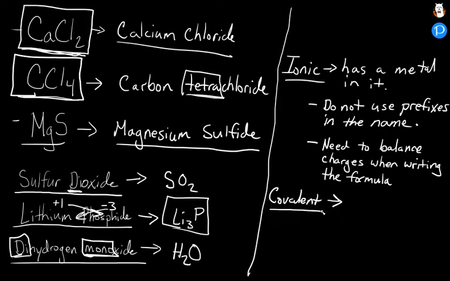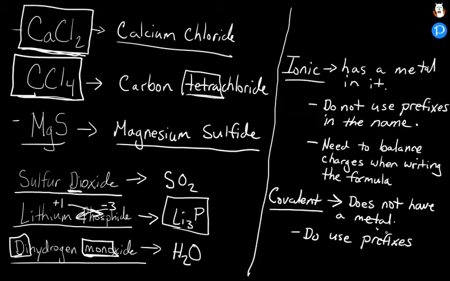So then for the covalent, the easiest way to tell if I'm working with a covalent compound is that it does not have a metal. If it does not have a metal, it's covalent. And so I have to use the rules for covalent compounds, which in naming it, we do use prefixes. So basically the rules for naming covalent stuff are the exact opposite.